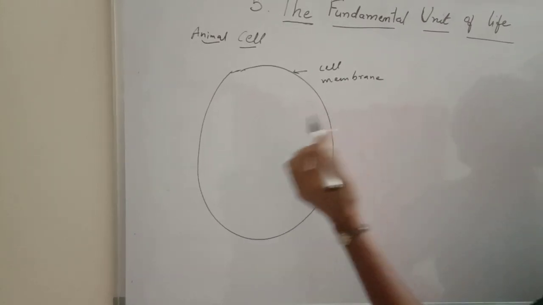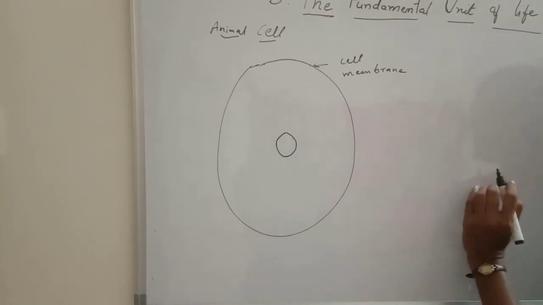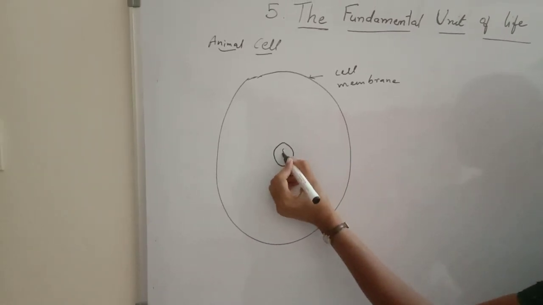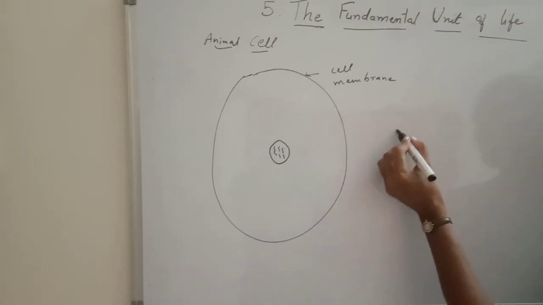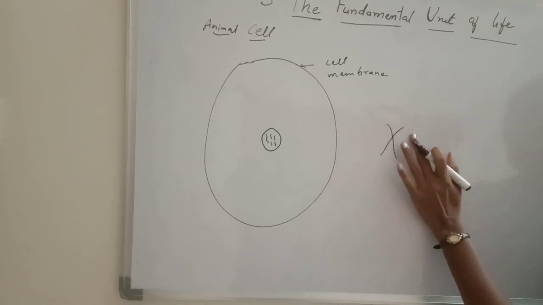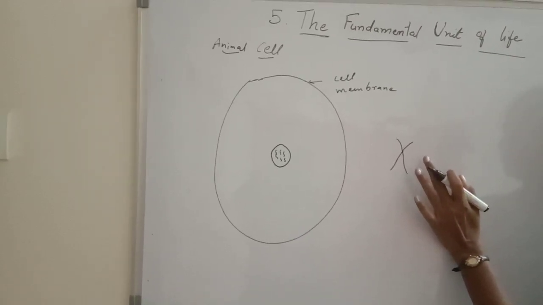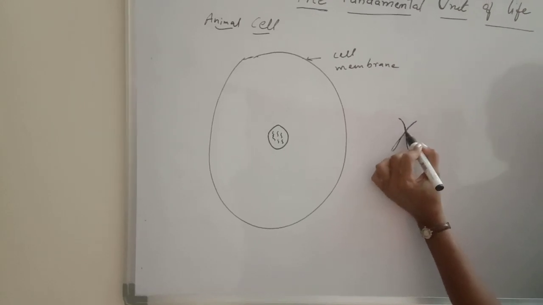Now let's talk about the nucleus, which is present in the center of the cell. This nucleus contains chromosomes, which are rod-like structures. When they are matured and seen through an electron microscope, we can see two threads, and these two threads are called chromatids.